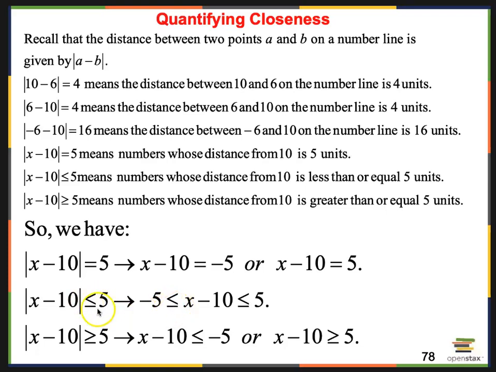If it's a less than, then we write it as a two-part inequality: x minus 10 greater than or equal to negative 5, and x minus 10 less than or equal to 5. If it's a greater than, we split it into two inequalities. You can see we reverse the inequality symbol when we have negative 5, similar to what we did up here, except that was an equal sign and this is an inequality. So we switch it for the negative, and then we have x minus 10 greater than or equal to 5.